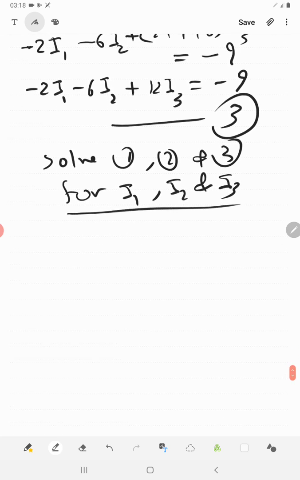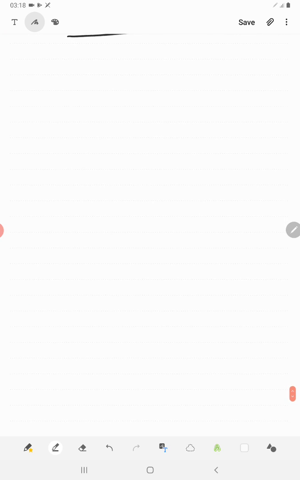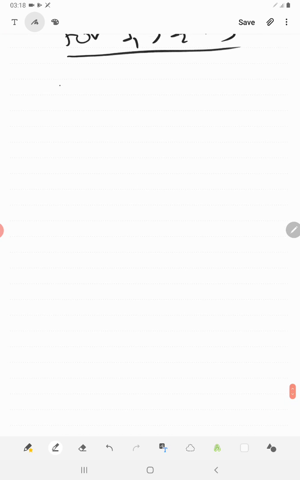So this is basically how we apply mesh analysis. Let's take another example. In the previous examples we had only voltage sources. Now let's also have a current source in a problem. Let's have 2 resistors here, a current source here, and a resistor here.